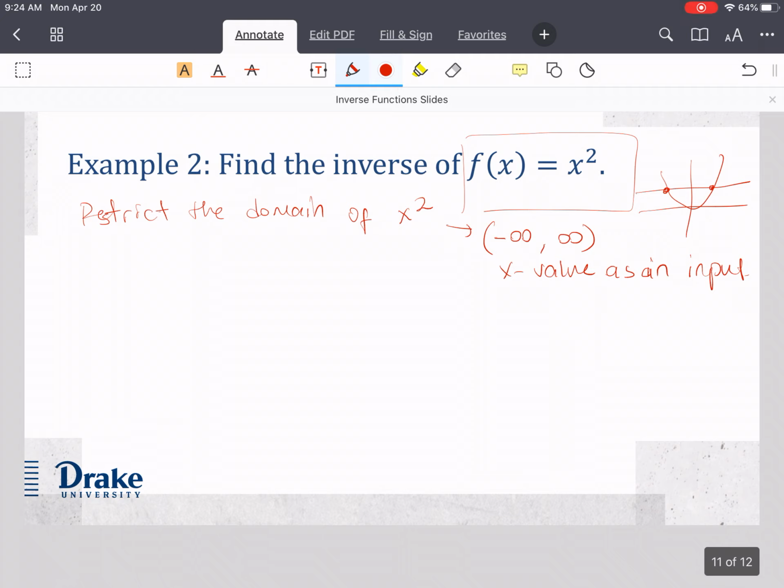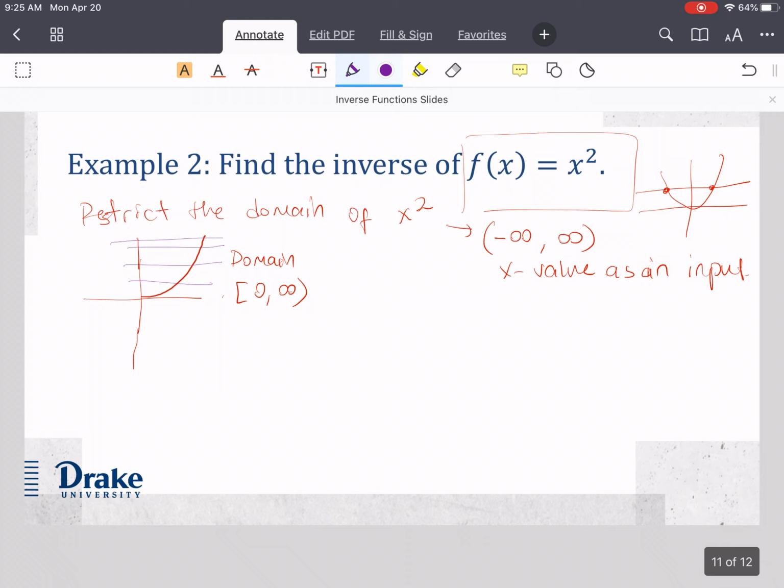So then what we're wondering is, could we restrict the domain so that it has an inverse? The way we can do that is we ignore all the negative x inputs. In other words, if we only consider the domain from 0 to infinity, this might work because, as you realize, this will pass the horizontal line test.